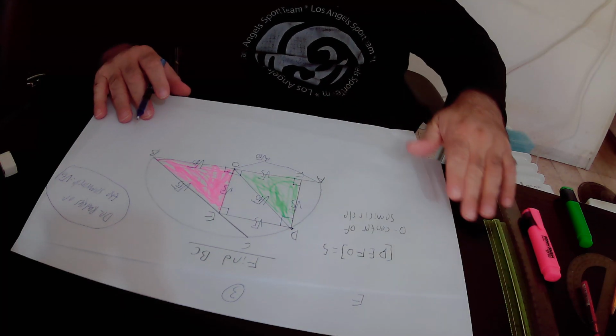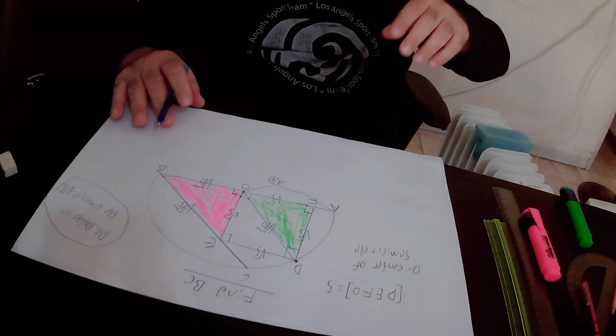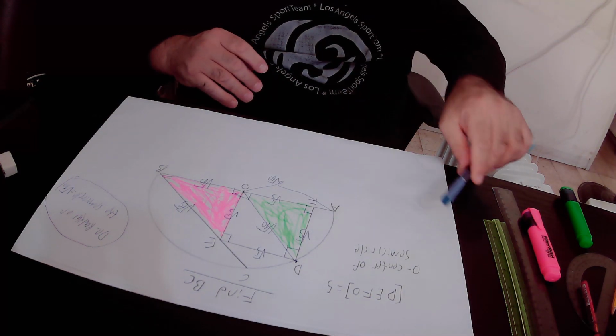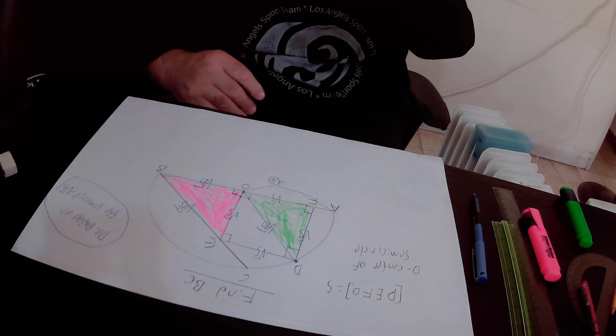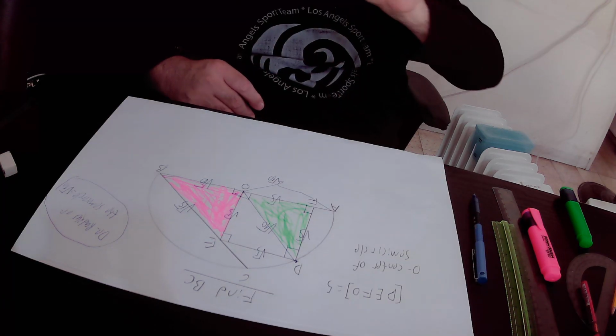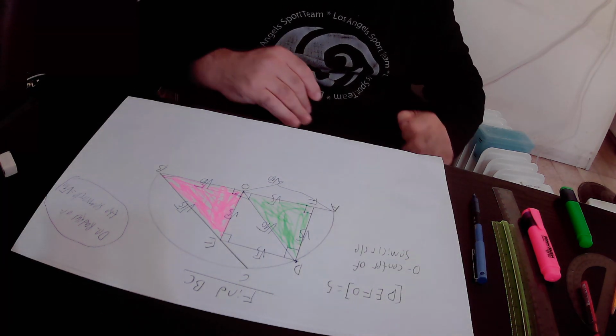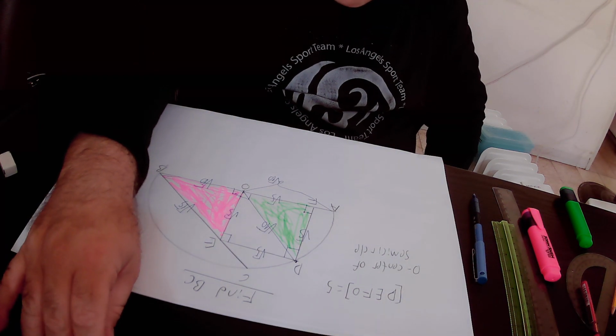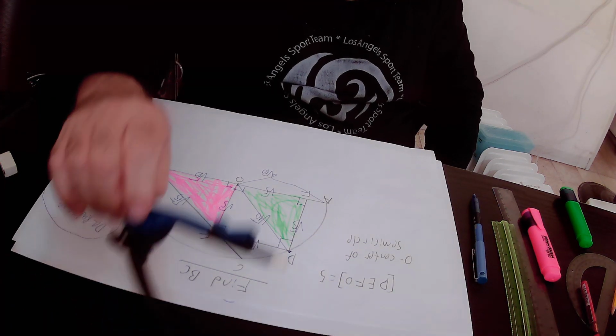In order to find the length of line segment CE, we will make a construction. We will complete this semicircle to a circle. This is the first step that we will do.